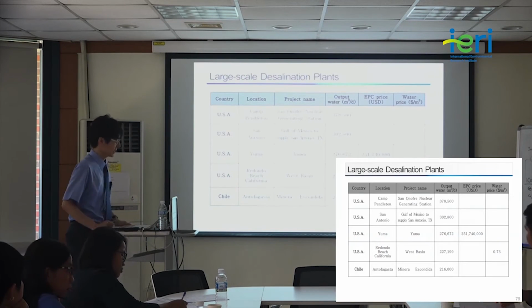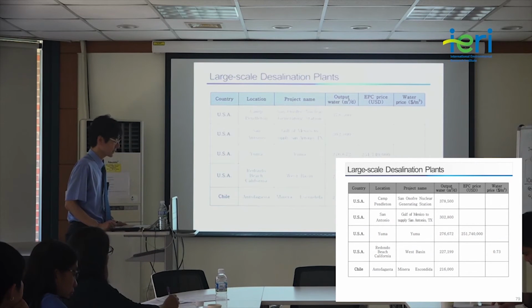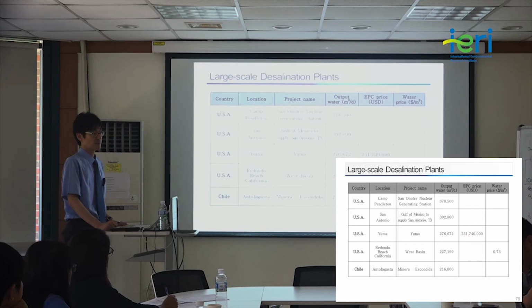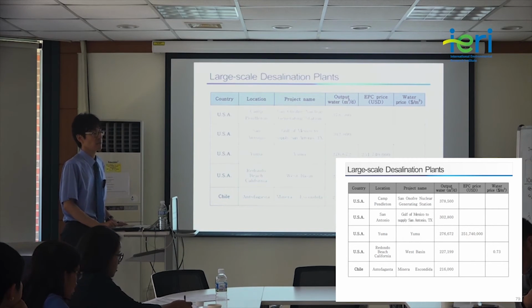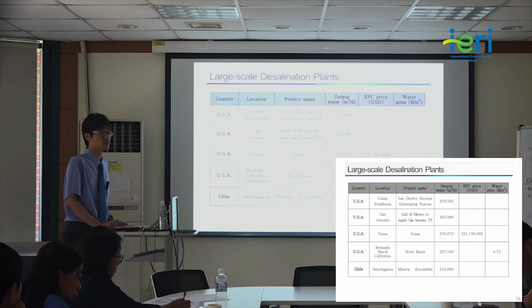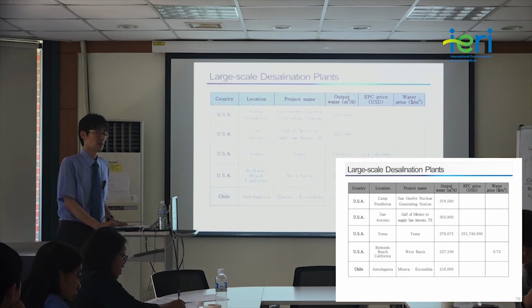And this is the list of typical large-scale desalination plants in the United States. In the United States, especially in California, they are suffering from a serious drought in recent years, and they are seriously considering introducing seawater desalination.